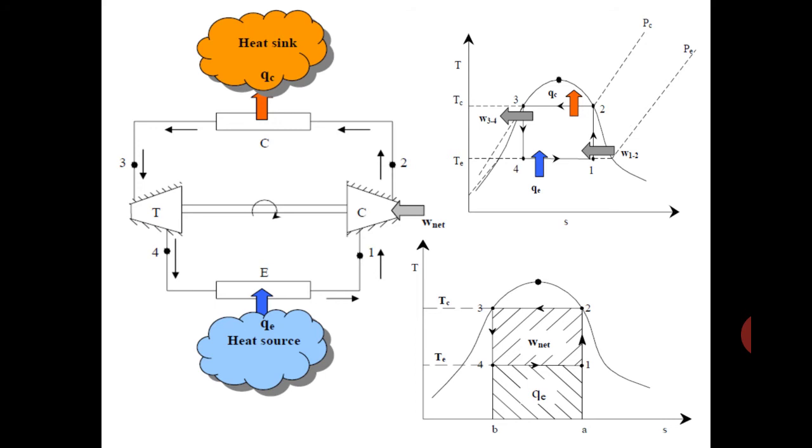So cooling of the refrigerant is done in the condenser, where due to cooling the condensation of the refrigerant takes place. The refrigerant will condense from vapor to liquid during the process 2-3, and the process 3-4 is nothing but the expansion process.